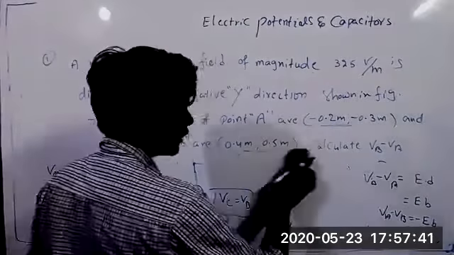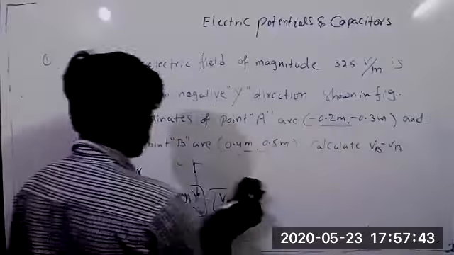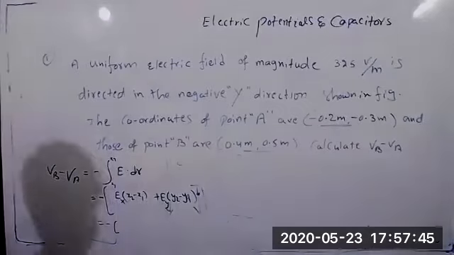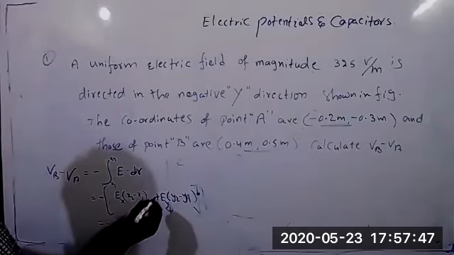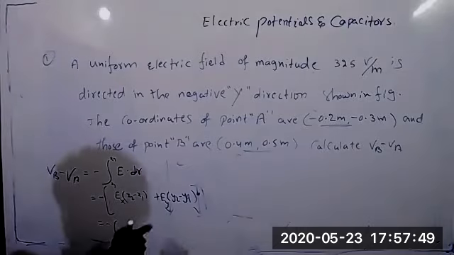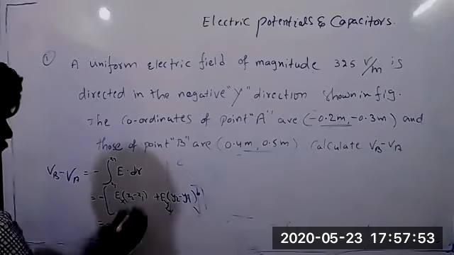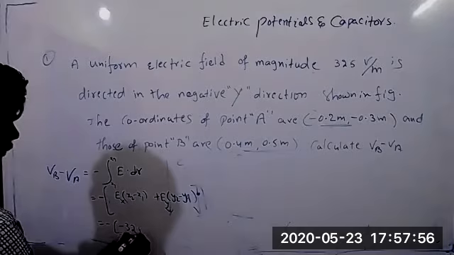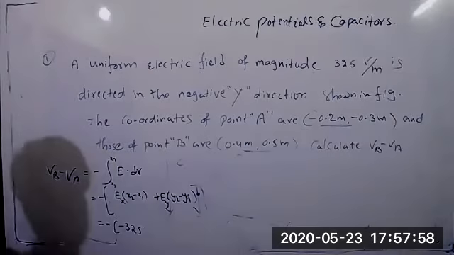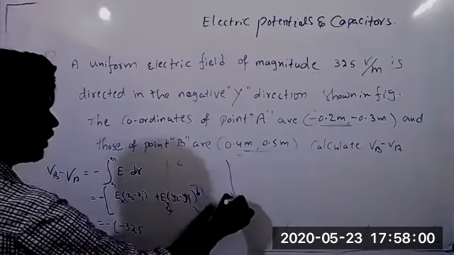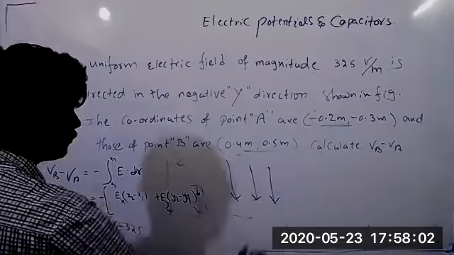So question number 33 is also over. Right here, how much is the electric field in the negative y direction? Take 325, minus 325, because it is along the negative y direction, the downward direction. They have given the diagram.